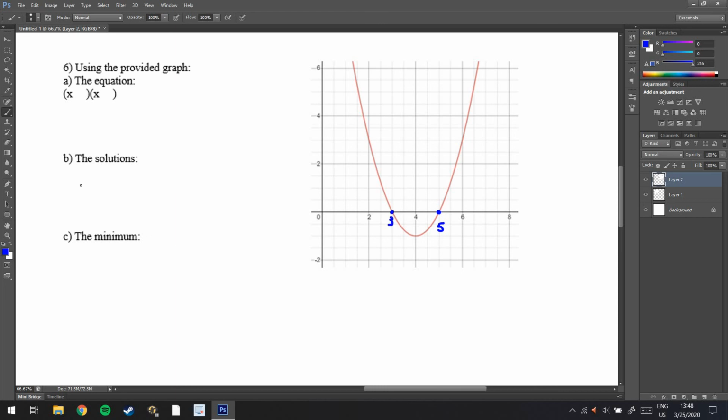My solutions then are x equals 3, x equals 5. For the equation, we want the opposite. So I should have one solution. This is solution 1. This is solution 2.